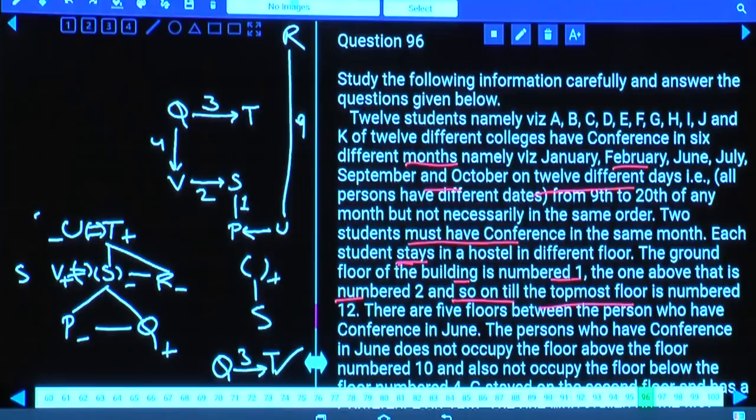That is, all persons have different dates. What are the dates? 9th to 20th. How many dates are there in total? We have 12 dates, 12 persons.